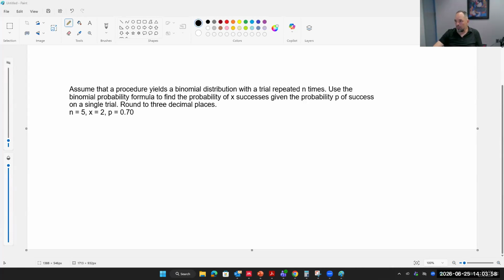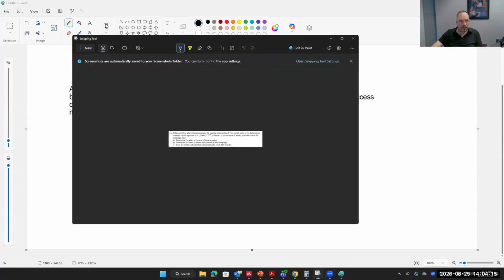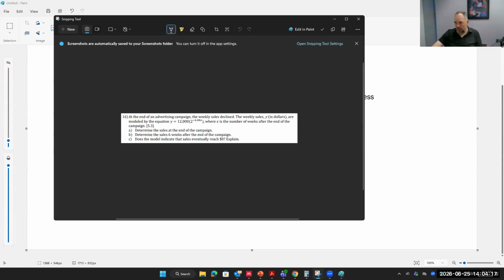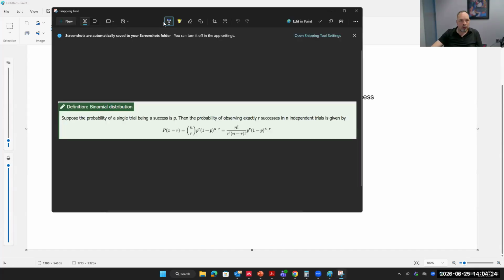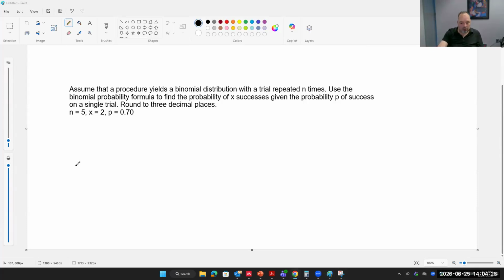Bear with me. Okay, it's going to look much more difficult than it actually is, but I've got to grab it the way I found it here. Okay, let me grab it and let me paste it over here.